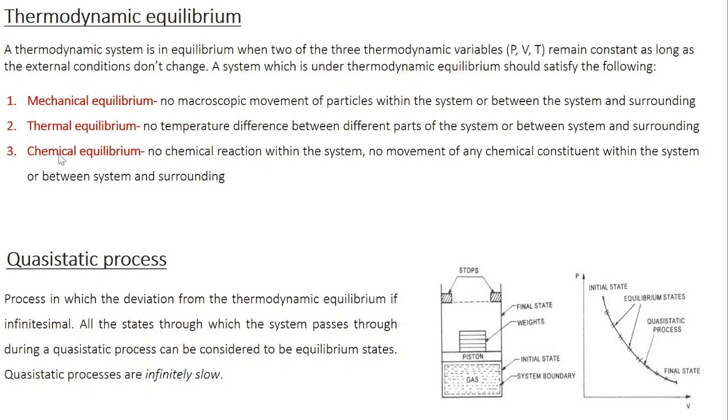Finally, it should also have chemical equilibrium, where there is no chemical reaction happening within the system, and also there is no macroscopic movement of chemical constituents within the system or between the system and surroundings. So once you have these three equilibrium, you can say that your thermodynamic state is in a condition of thermodynamic equilibrium.